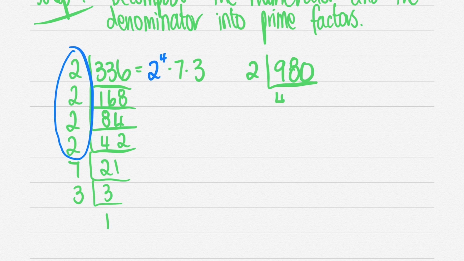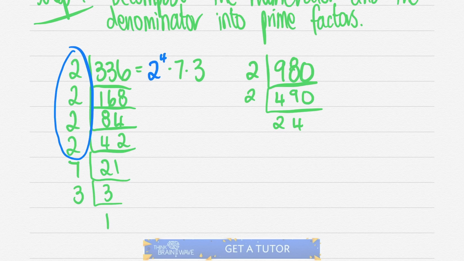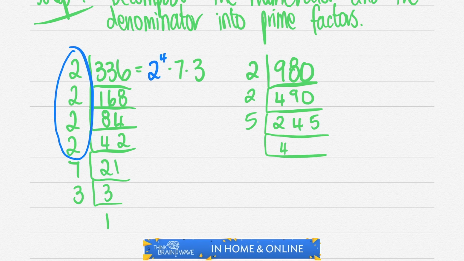If you divide by 2, you'll get 490. Continue dividing by 2, you'll get 245. Here you can divide by 5, so you'll get 49.